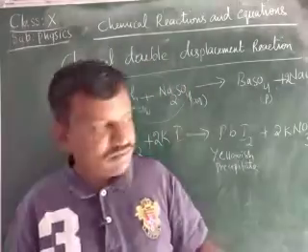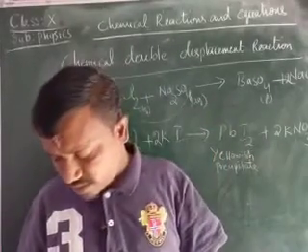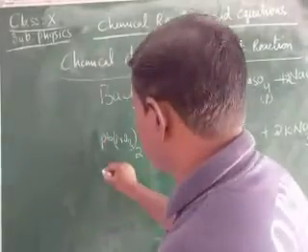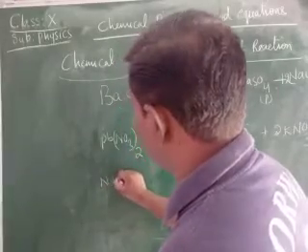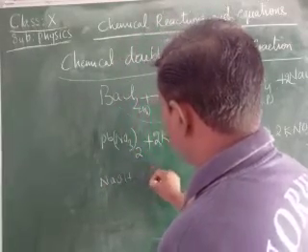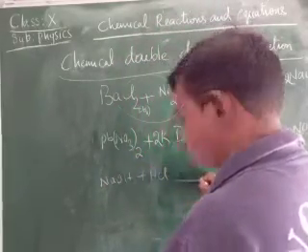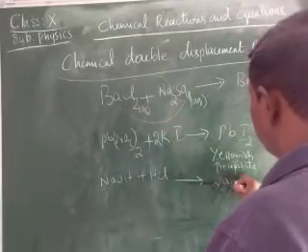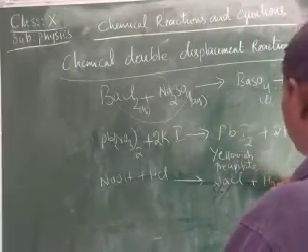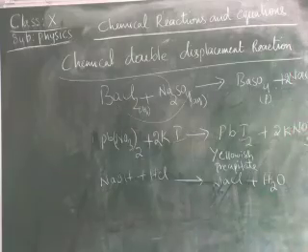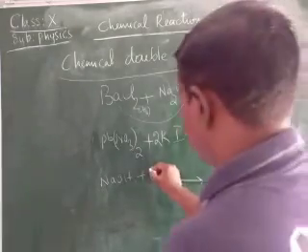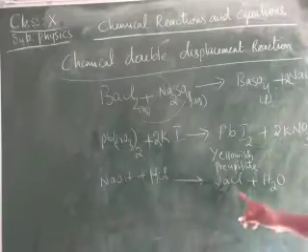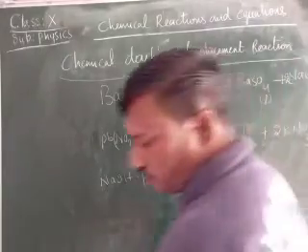In the same way, another example is sodium sulfate reacting with barium chloride. Similarly, sodium hydroxide reacting with HCl, hydrochloric acid, forms sodium chloride and water.